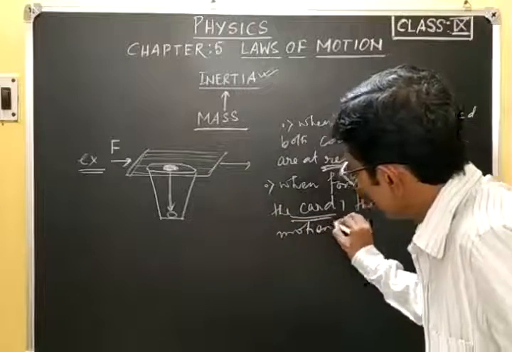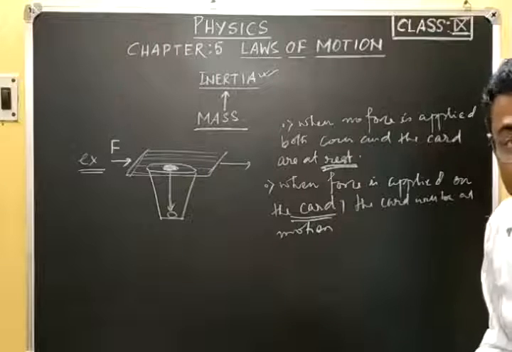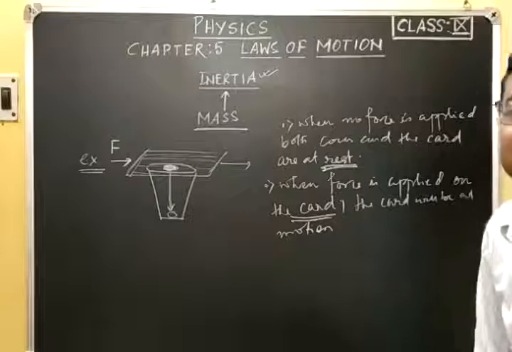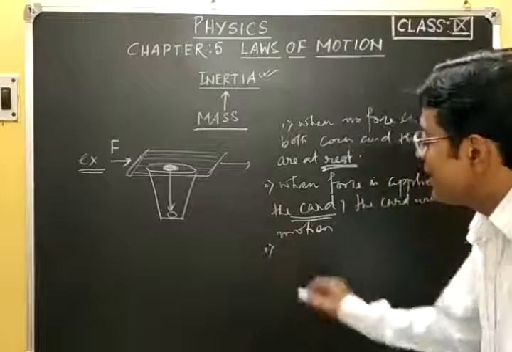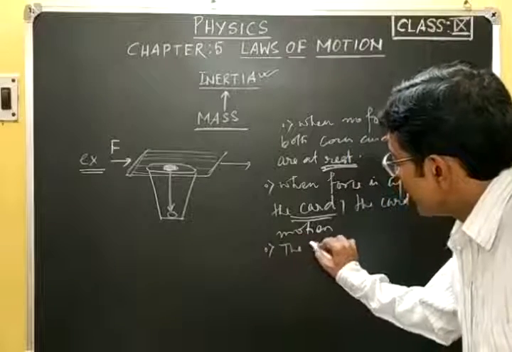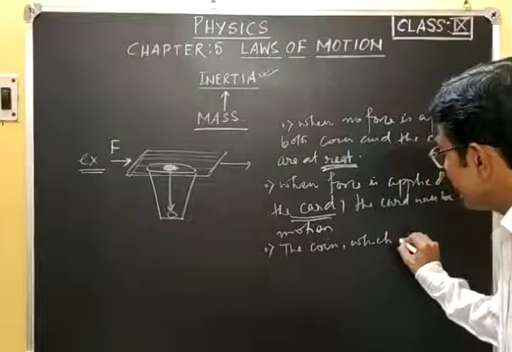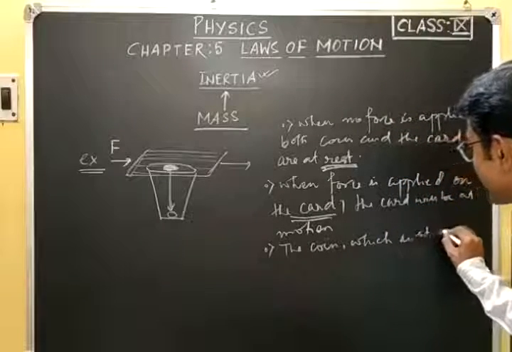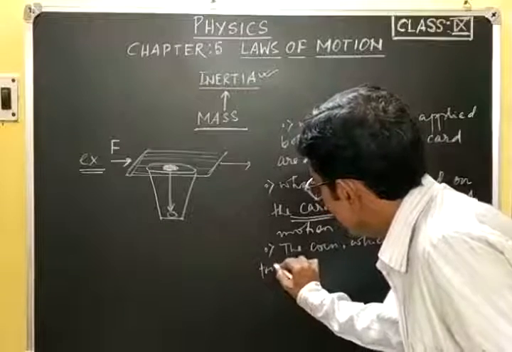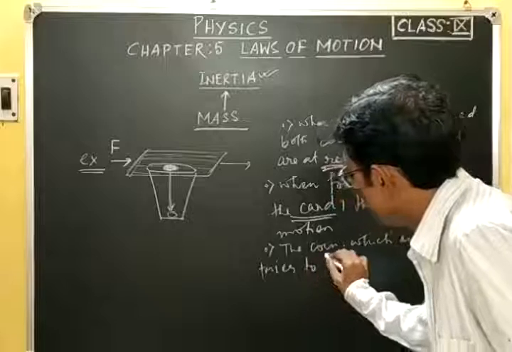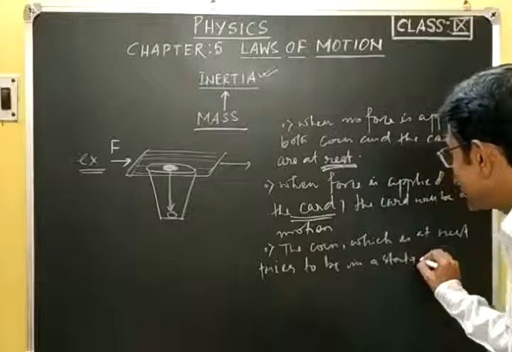Now see, what about this coin? The coin was previously at rest, so it tries to be in a condition of rest. So the third point I am writing: the coin which is at rest tries to be in a state of rest.